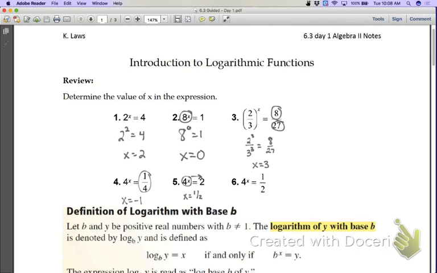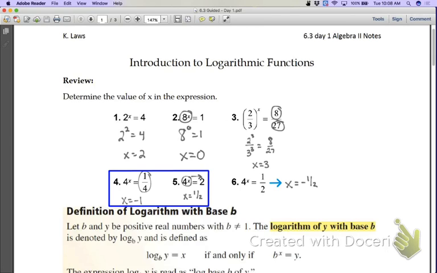Whereas number 6 is going to be a mixture between 4 and 5. If you have 4 to the x power and you make it into a 1/2, x is going to be equal to the -1/2 power.